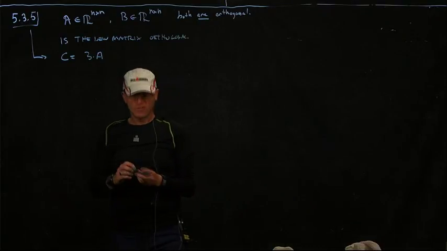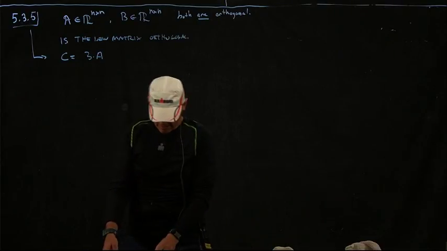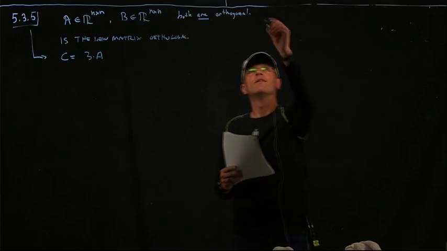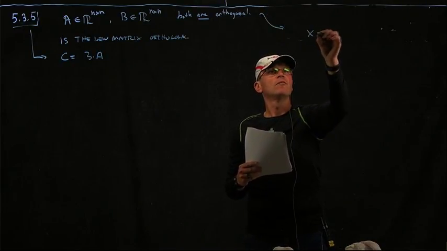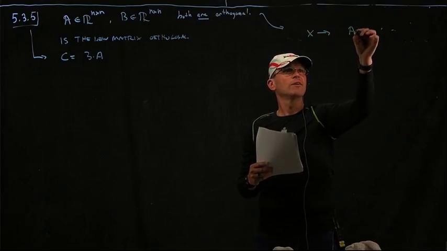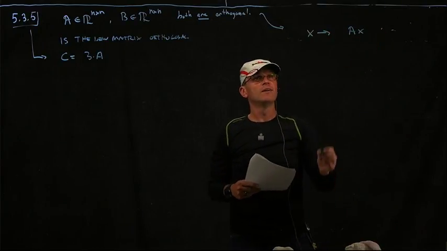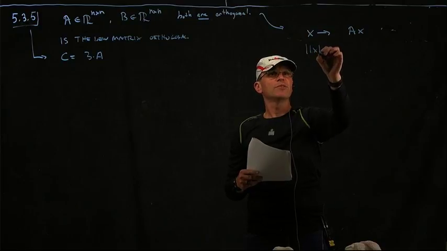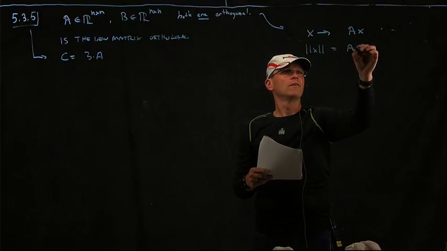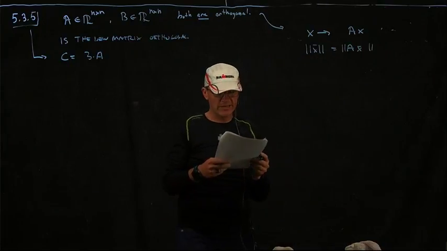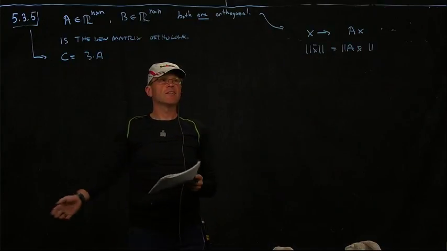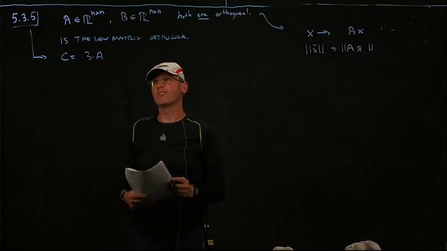A property of an orthogonal matrix is that if you take a vector x and multiply it by A, then the length is preserved. So an orthogonal matrix, when used as a linear transformation, is length preserving.